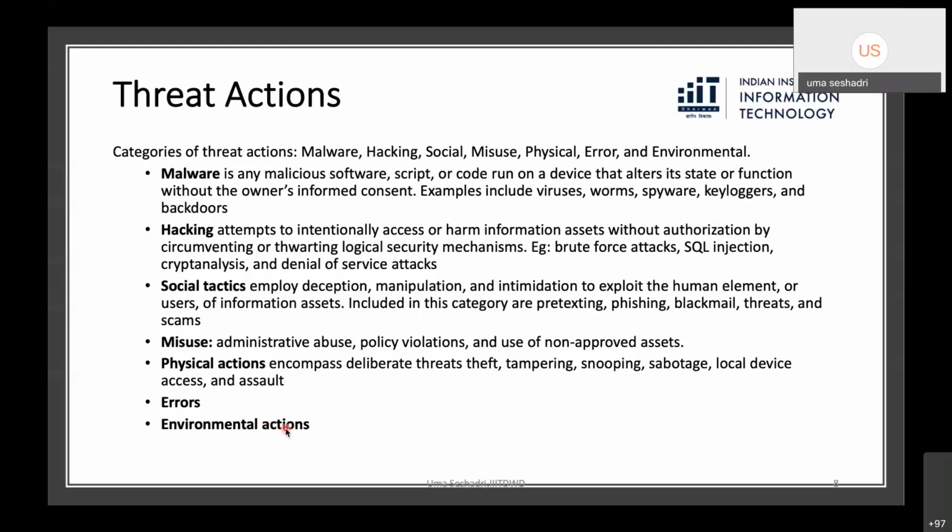Indirectly our system will get deactivated or stop working, and then they will take action to either enter or damage. So these are different ways threat actions happen when we have a risk in the system.